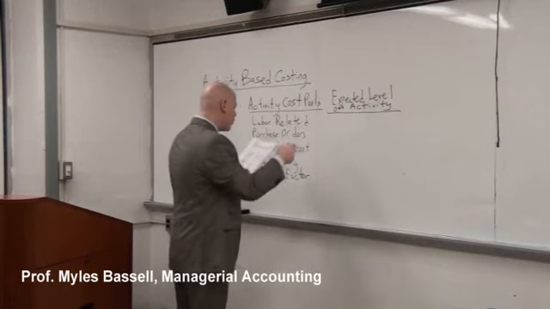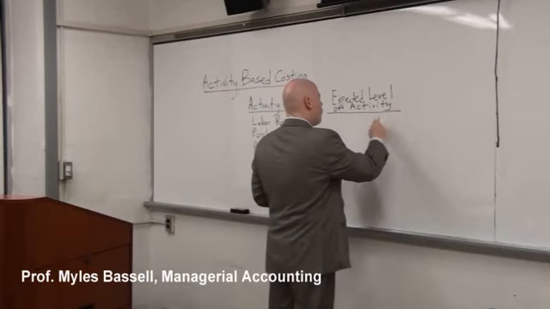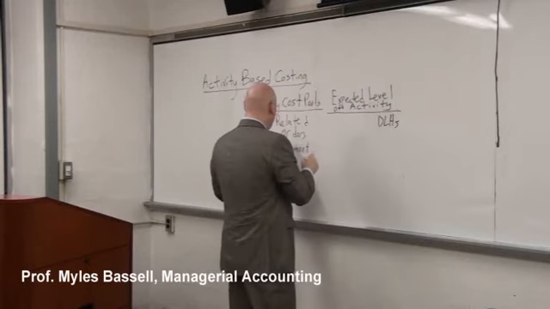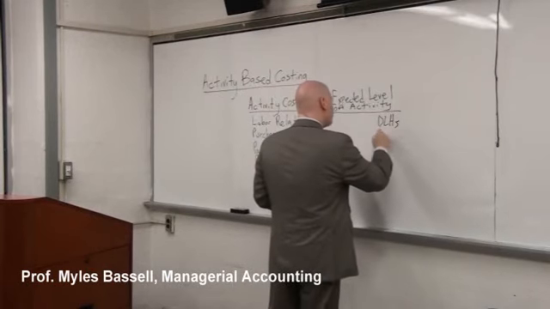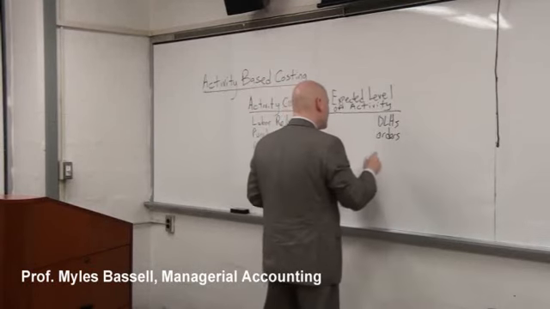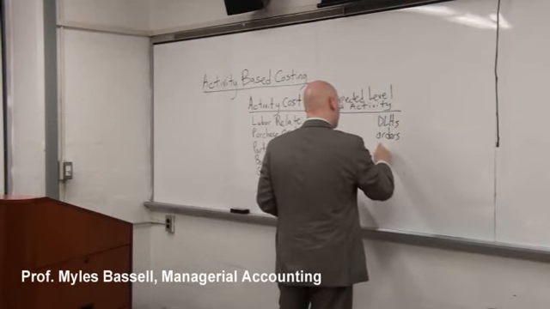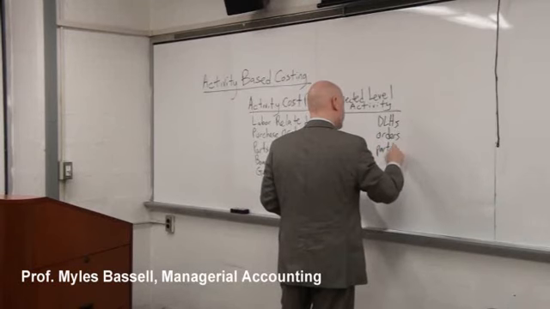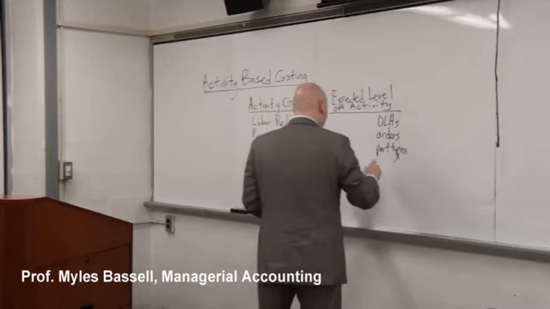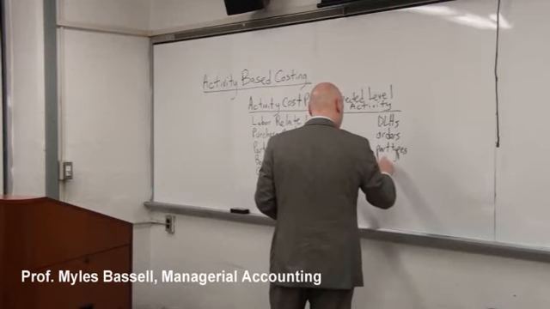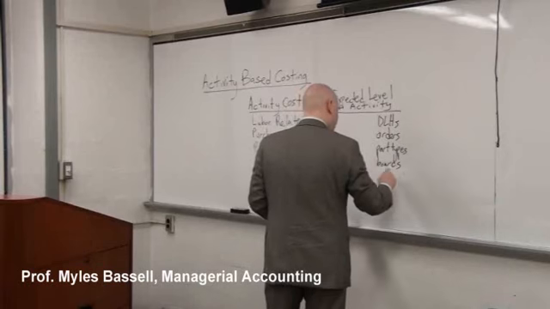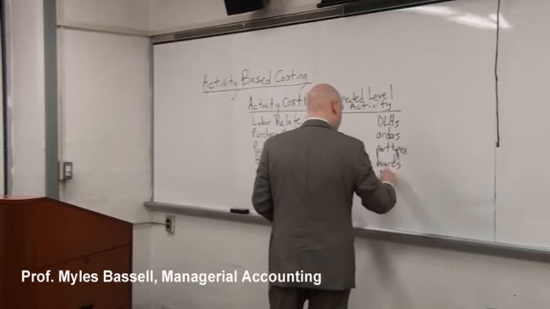So in terms of labor, we're going to look at direct labor hours. Purchase orders, we're going to look at the number of purchase orders. We're going to look at the number of part types, the number of boards, and the number of machine hours.